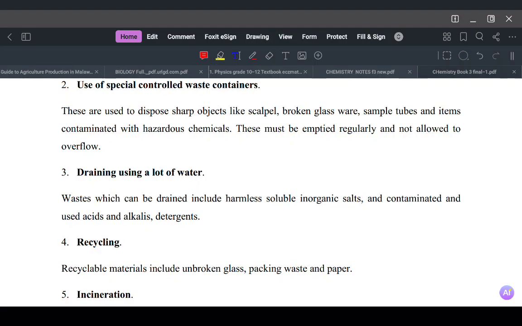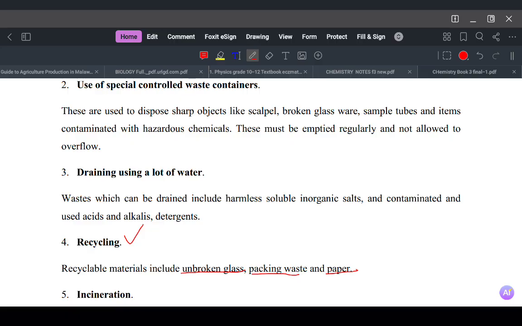Moving forward, another technique is called recycling. Recyclable materials include broken glass, packaging waste, and paper. These can be recycled into something useful. Remember, recycling is a process of converting a material into something else that can be used again.